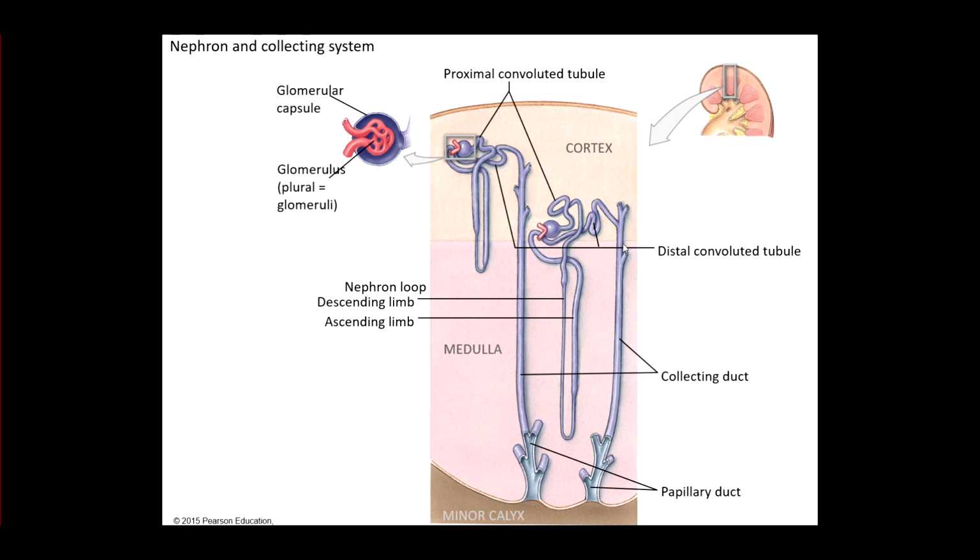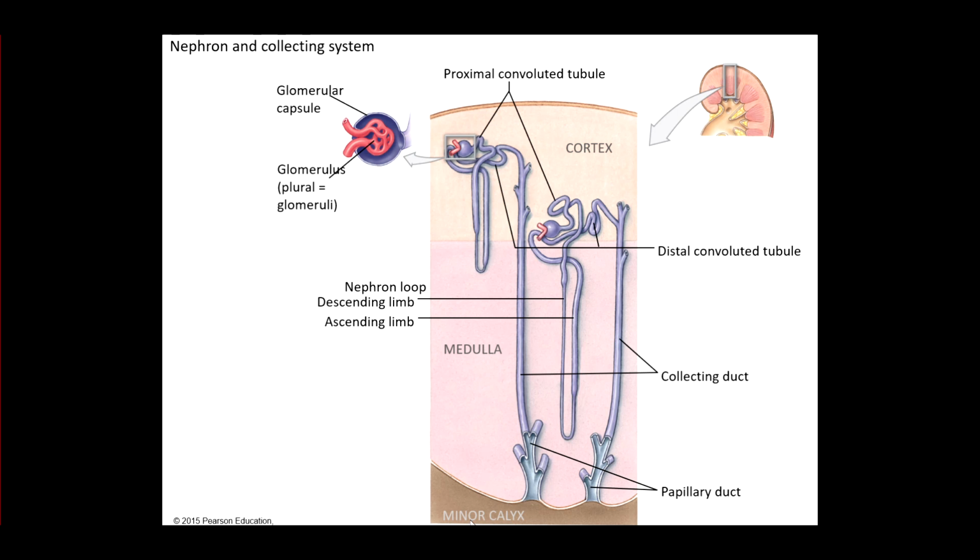This is called the collecting duct, and they run down the middle of the renal pyramid, and they're going to now drip the urine out of the renal papilla. If you remember from a previous lesson, the tip of the renal pyramid is known as the papilla. So the urine is now going to drip out, and this brown area would be the minor calyx.